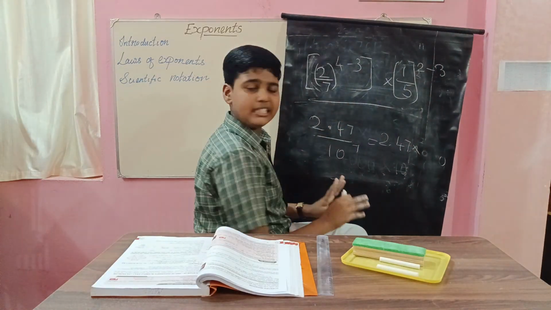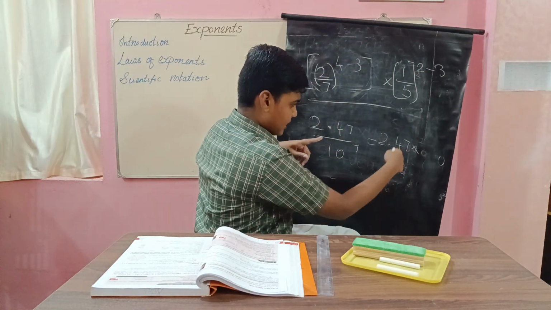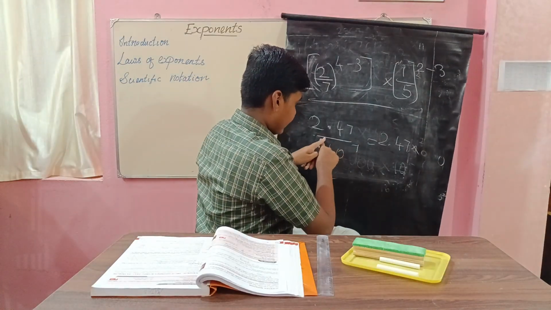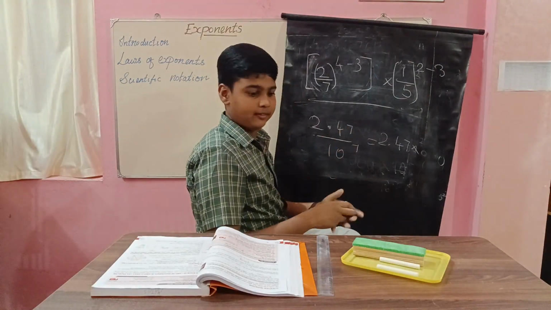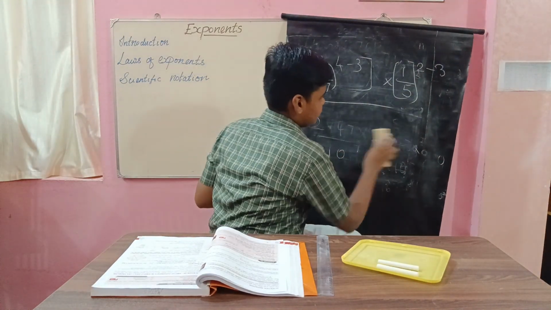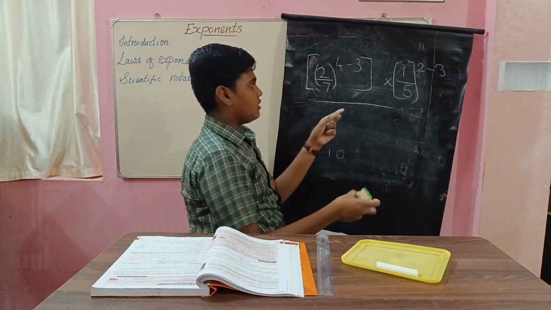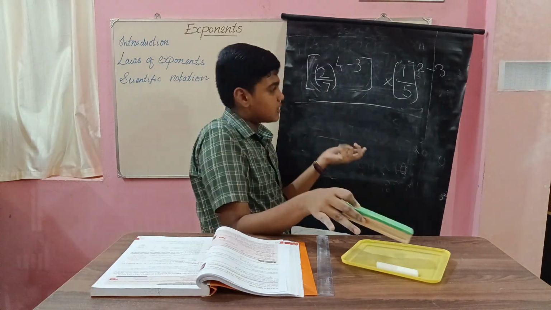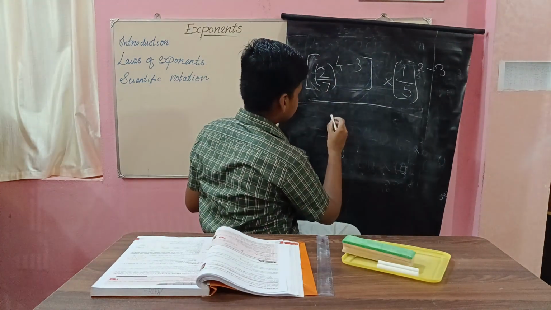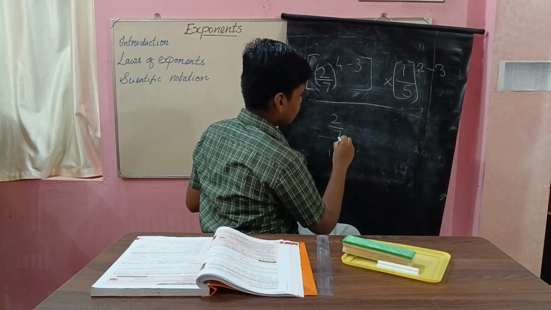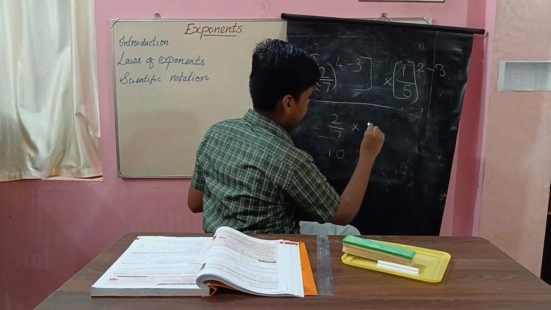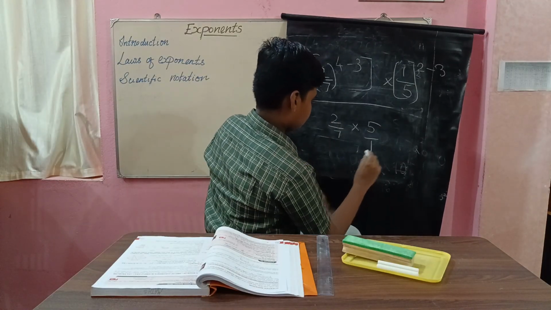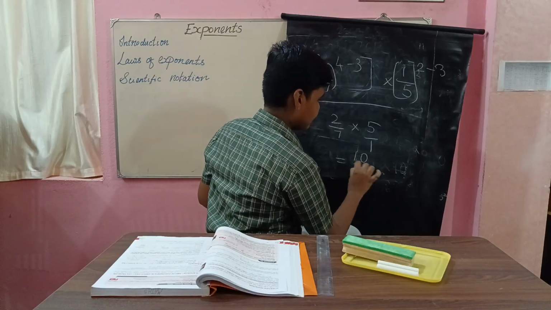Okay, that's not very easy. Just instead of writing the negative power, write 1 by 10 to the power of 7. So now after this we have finished. I think we have solved this problem, but I'm going to solve it. The answer is 10 by 7.